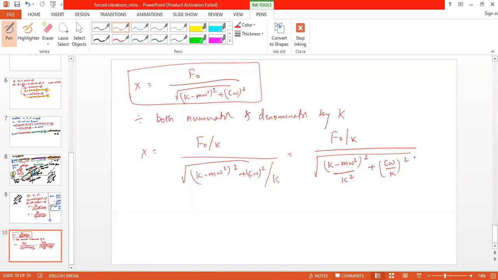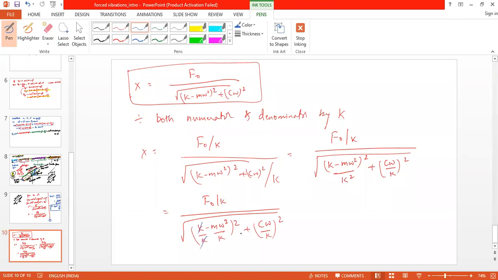Or we can write it as f naught by k divided by root of k minus m omega square divided by k, whole square, plus c omega by k whole square.